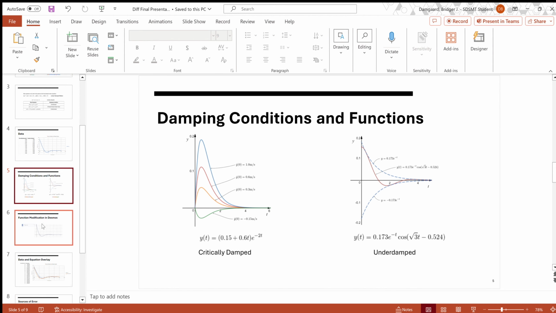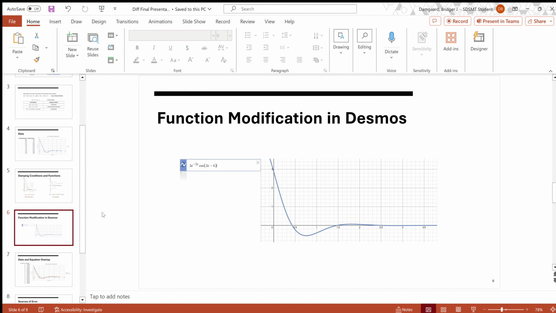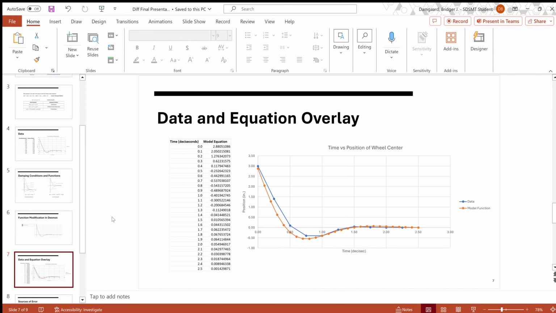So then I took the underdamped equation setup that we wanted and then pulled it into the Desmos graphing calculator and then modified it over, I think, 12 different iterations, or maybe 13, and then arrived at this equation, which after putting in my rough initial conditions, ended up matching my data quite well.